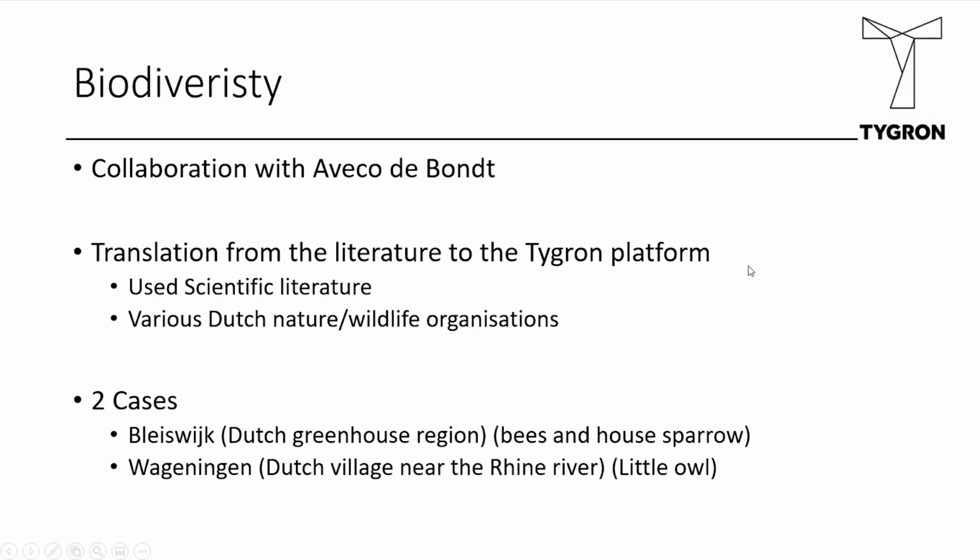As Wart already said, on biodiversity there was a collaboration I was active in with Aveco Bondt, the company that Wart works for. Aveco Bondt came with the question to Tygron: how can we implement biodiversity in the program, since Aveco Bondt is very active in green building, so including nature and living friendliness with the neighborhood, and especially focused on new neighborhoods.